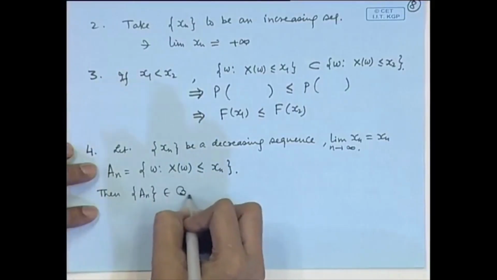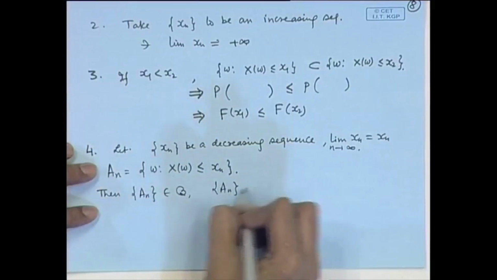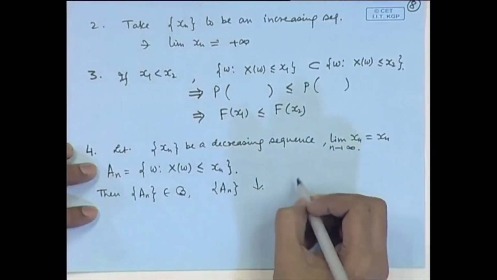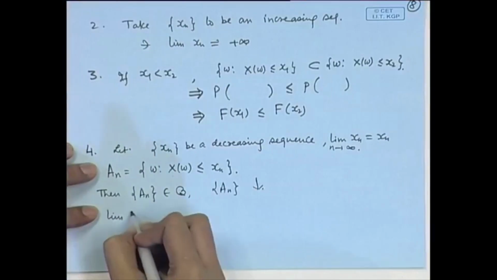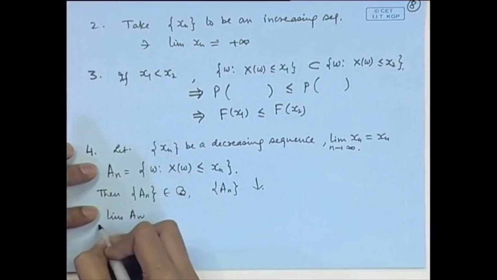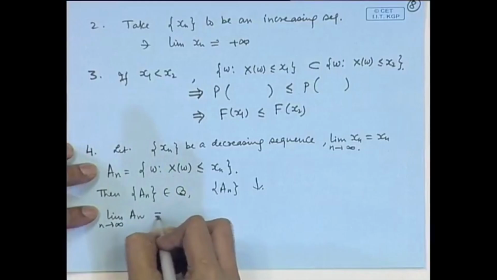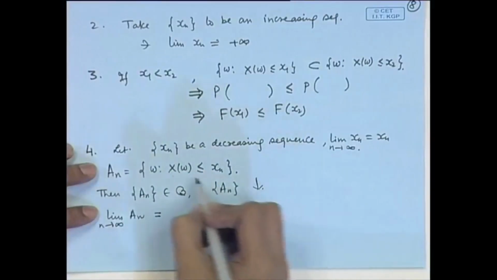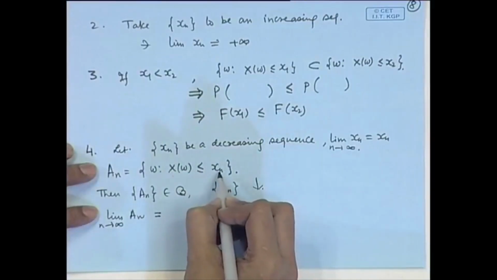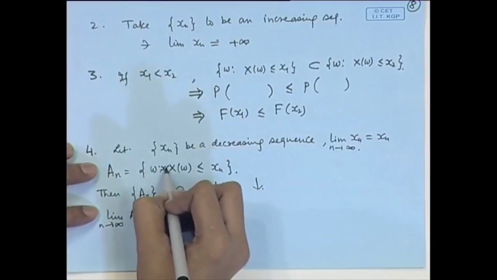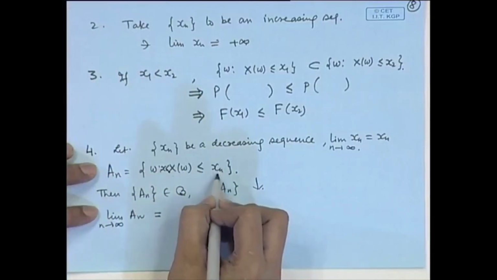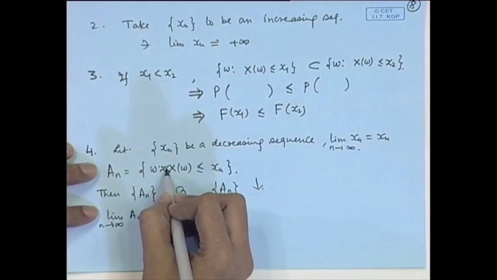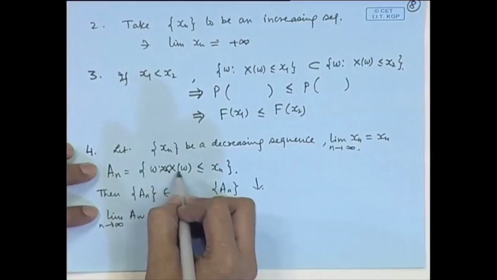The A n's are decreasing, and if I consider limit of A n as n tends to infinity, then it is equal to, now you look at the definition here, I am considering this, however, here I should put x less than this. So, if I put this one, then x is strictly less than X of omega.